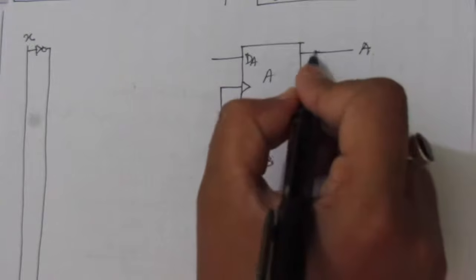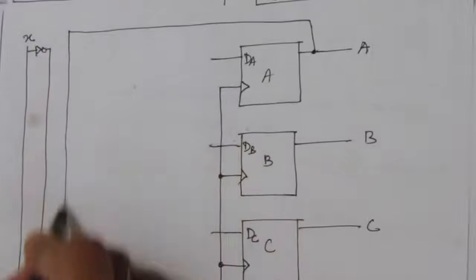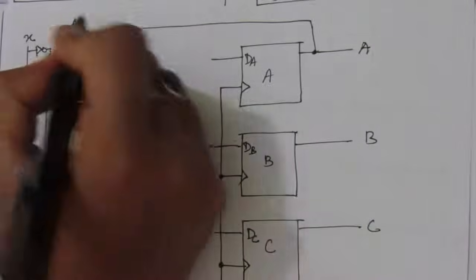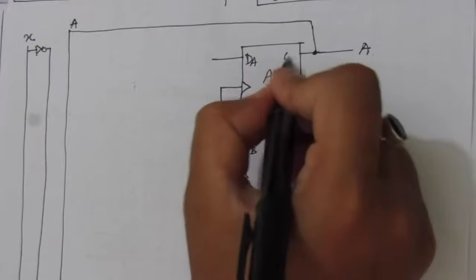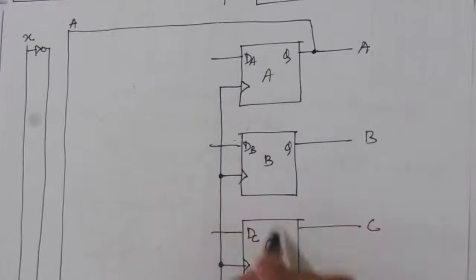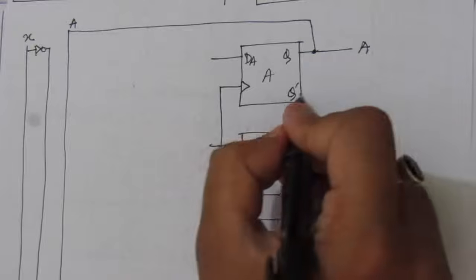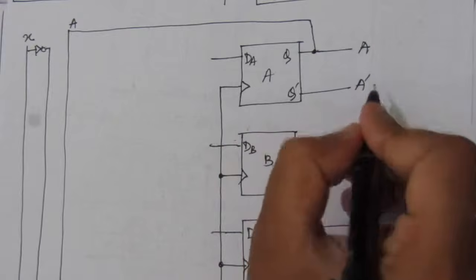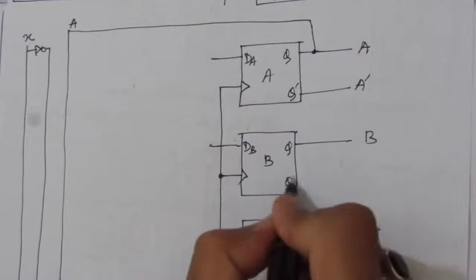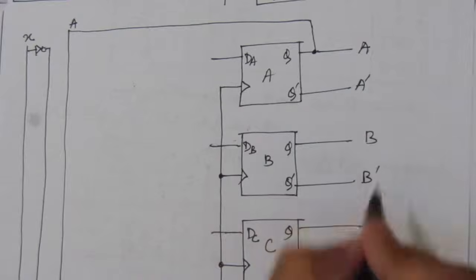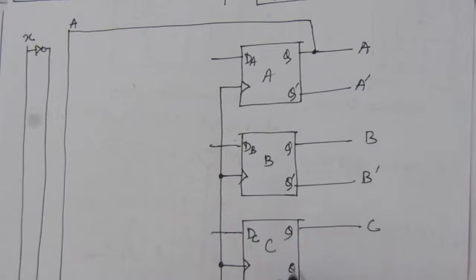So take this line. Suppose this one is the A line. Here we have normal output, and here we have this complemented output, Q complement, or we can say that this is A bar. Here we have complemented output, this is B bar, and here we have complemented output, this is C complement.